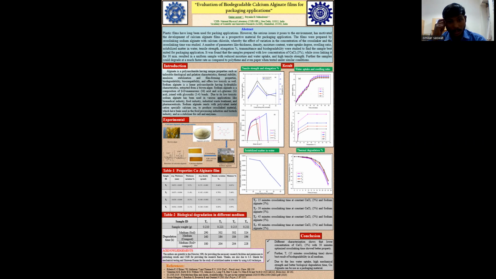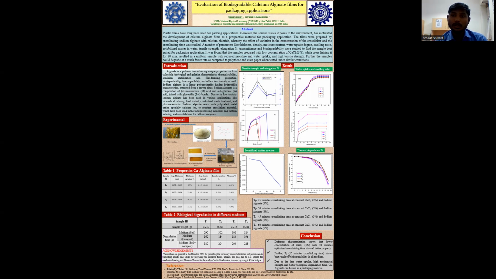So these are the properties in Table 1, in which we get that the average thickness is approximately 0.032 mm, and the maximum thickness variation is 11.04, which is allowed as per IS 2508.